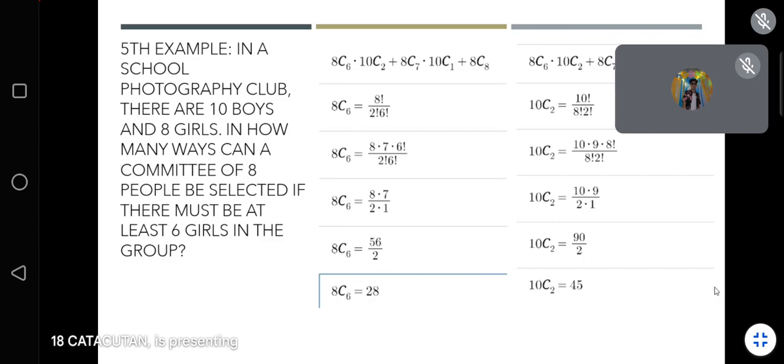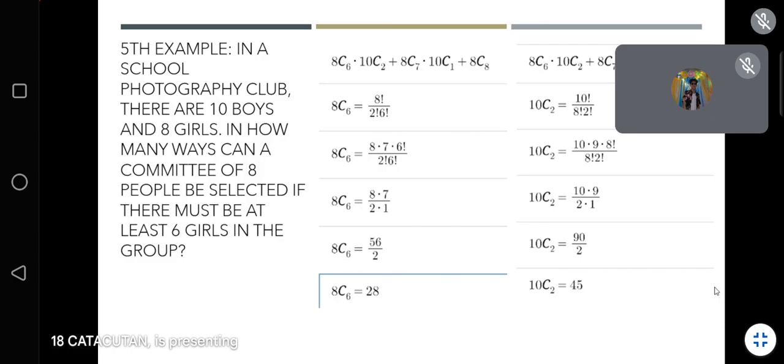Thus, we use the combination rule and fundamental counting principle, that is 8C6 times 10C2. So when you select 7 girls for the committee, this means choosing 1 boy, that is 8C7 times 10C1.